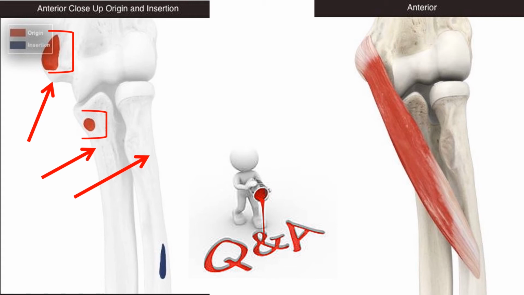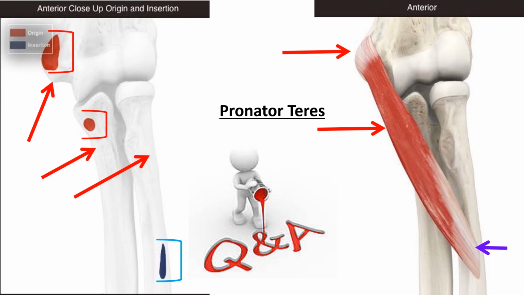And this point represents, let's say, the coronoid process of the ulna, and then this represents another point of attachment on the middle shaft of the radius. So here is the origin of this muscle, which is the medial supracondylar ridge of the humerus, and this is the muscle going towards the shaft of the radius. What is this muscle? It is pronator teres.